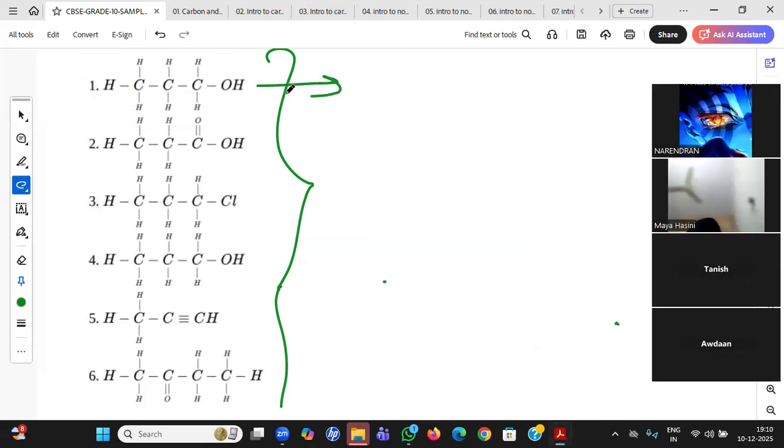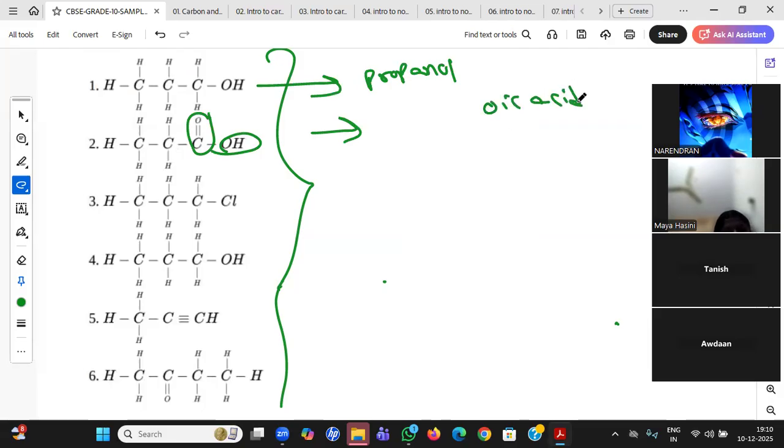Okay. So here OH group is there. 3 carbon, single bond, prop and all. Here also 3 carbons, but you see carbonyl group is there. And here OH is there. COOH, oic acid. So definitely 3 carbons, propanoic acid. Good answer.